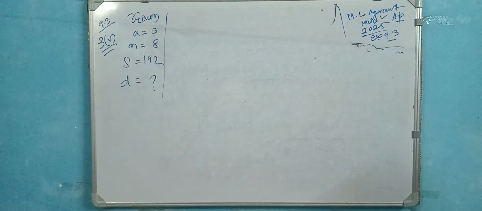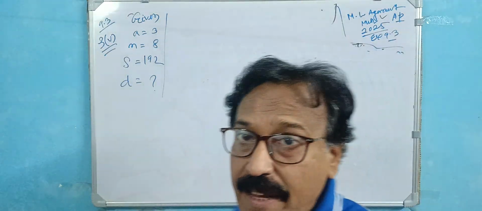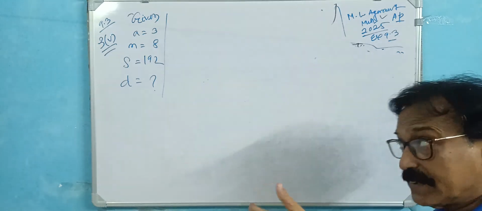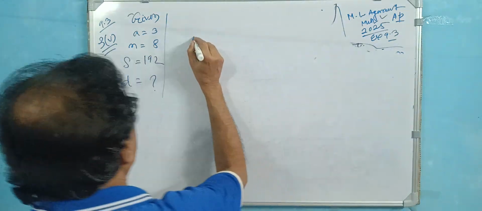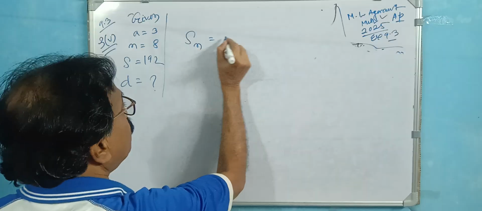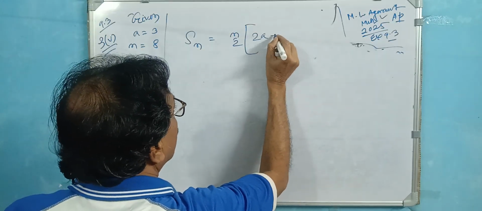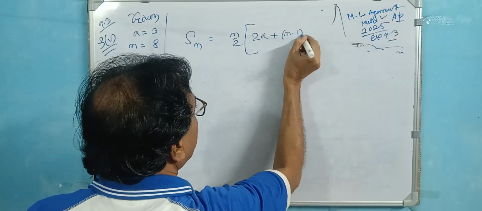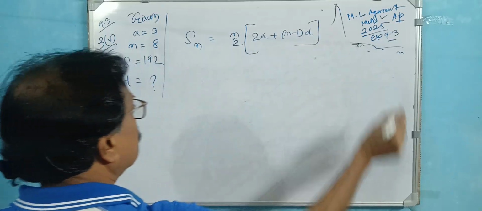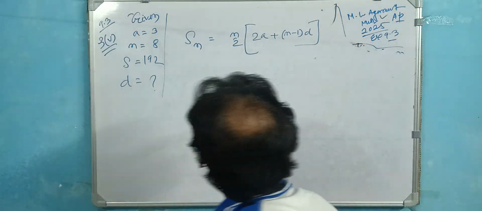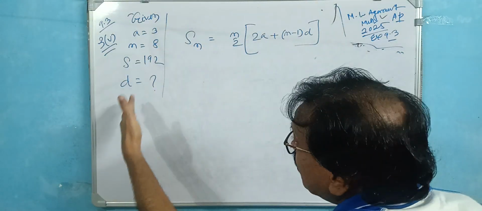You don't know the last term l, so you cannot use the formula Sn equals n by 2 (a plus l). You use the formula here: n by 2 bracket 2a plus (n minus 1) d. That is a very important thing: which formula is useful when?